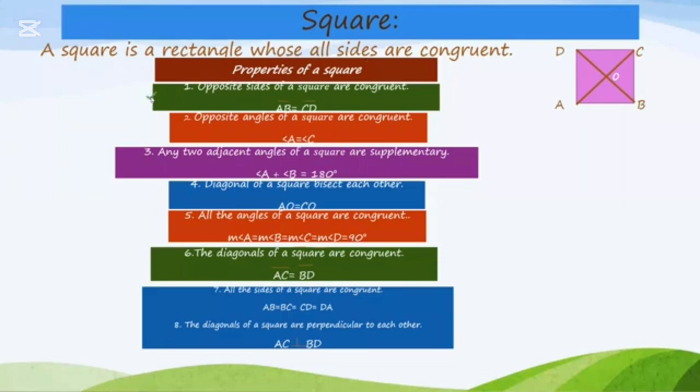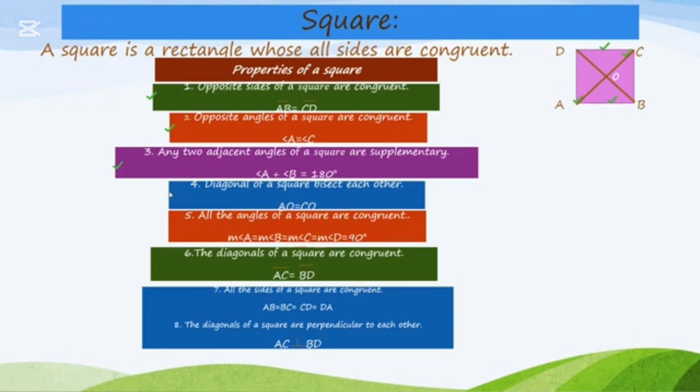Number 1, opposite sides are congruent. Yes, opposite sides AB and CD are congruent. Opposite angles are congruent. So angle A and angle C are congruent. Now any two adjacent angles of square are supplementary. Yes, A plus B is equal to 180 degrees, because all the angles again are of 90 degrees.